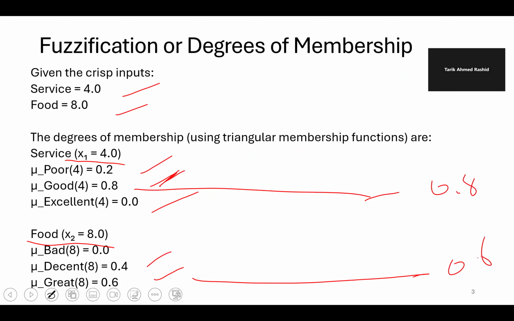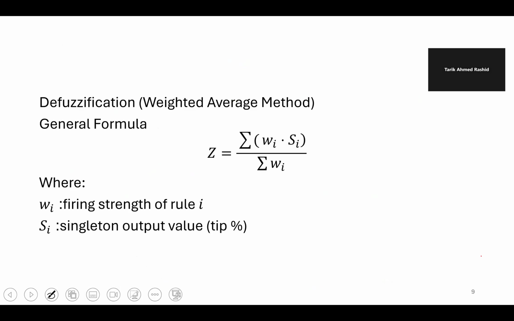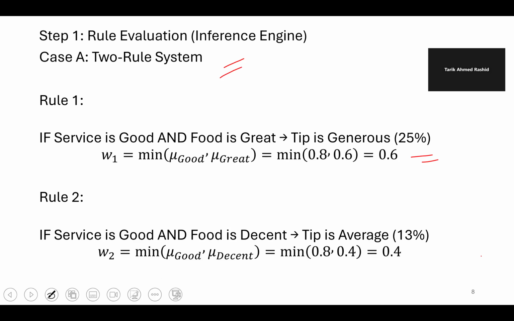Now, because the rule says and, we take the minimum of them.